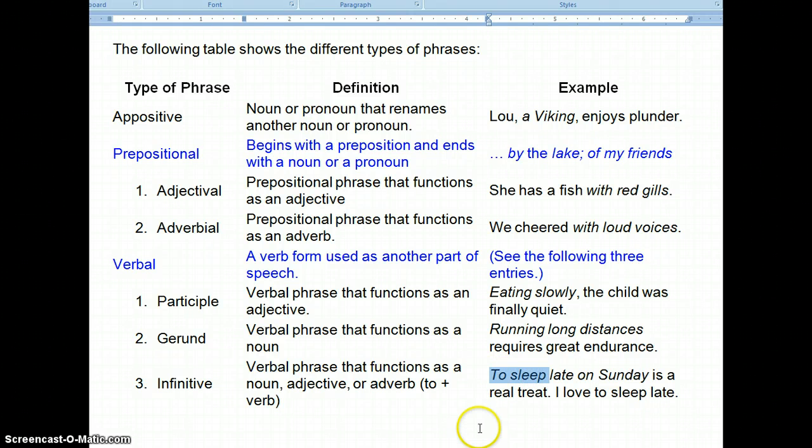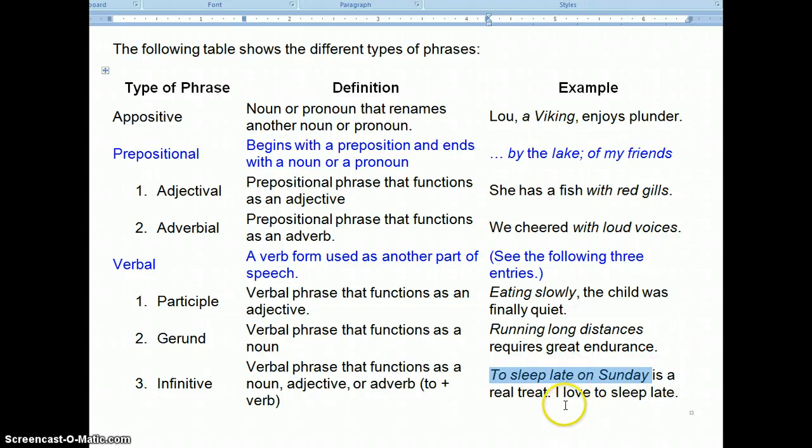To sleep is the main part of that infinitive. And this is also acting, in this sentence, as the noun or the subject of the sentence because it answers the question, what is a real treat? That would be the subject of your sentence. To sleep late on Sunday is a real treat. So all of that is the subject of your sentence.